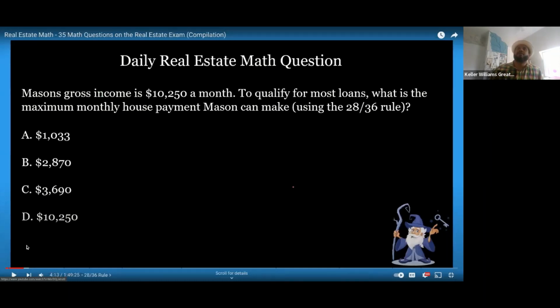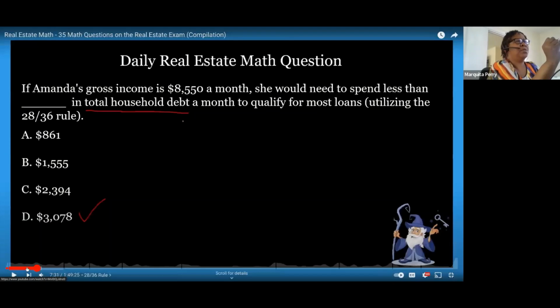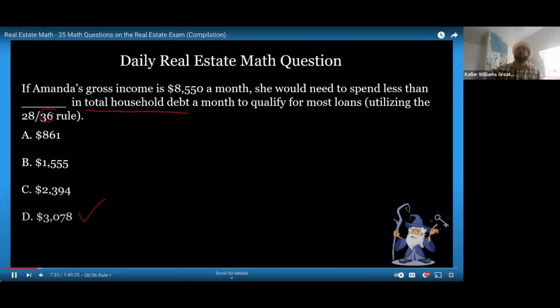So calculating these are pretty easy. The tricky part be where they say housing, because then they change it to total cost. So then you got to multiply that by 36%, that 0.36. That's where I be tripped up, misreading the question. So here's just what you were talking about. If Amanda's gross income is 8,550, she would need to spend less than what in total household debt to qualify for most loans using the 28/36 rule?